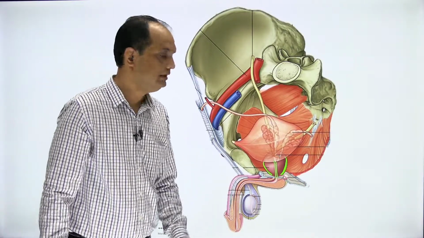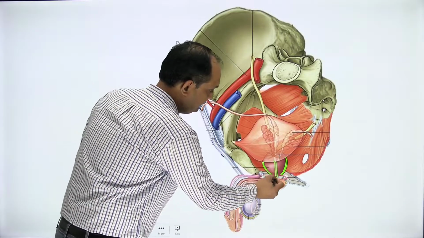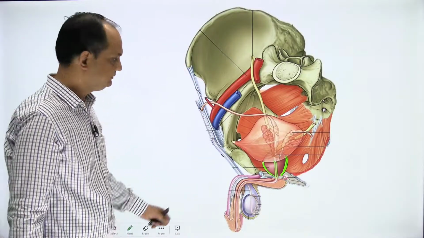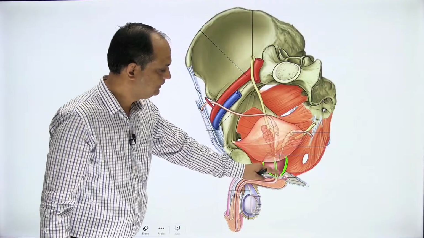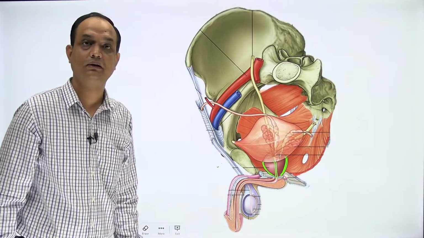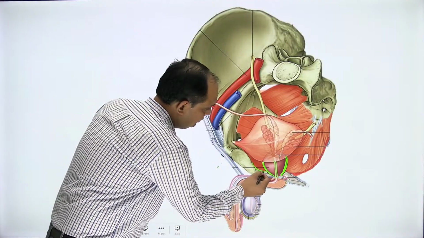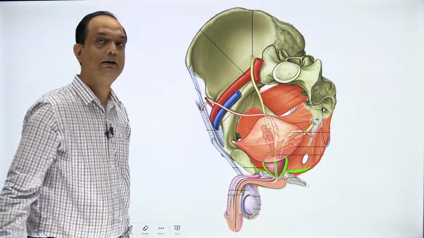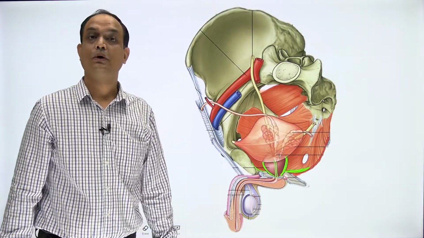So you have to understand this concept that we have a big gland, and this gland in the case of male lies below the urinary bladder but above the urogenital diaphragm, and it is present in the lower part, supported by this part of pelvic diaphragm. So what is that? This is your prostate.